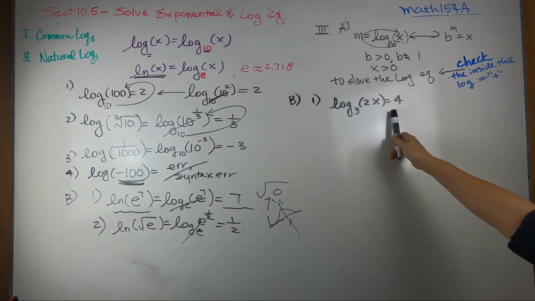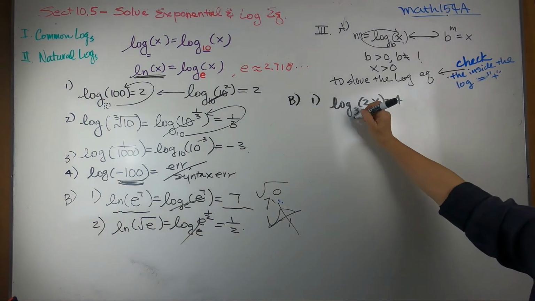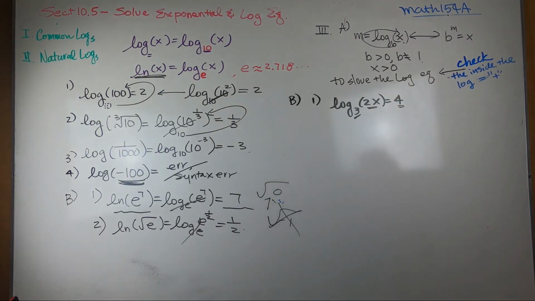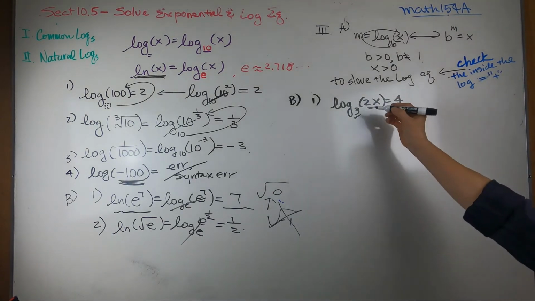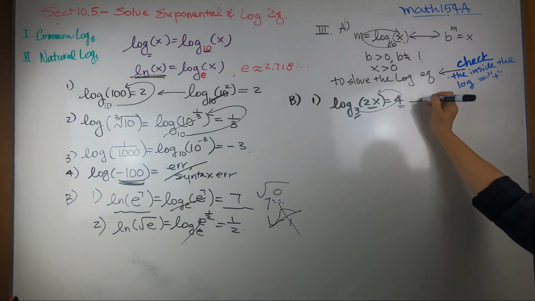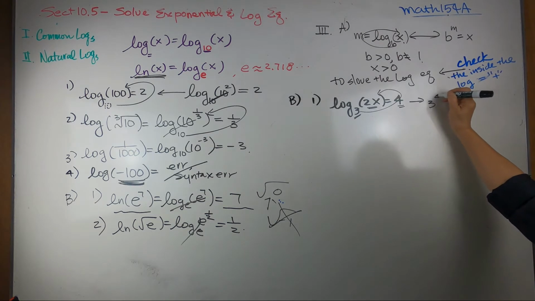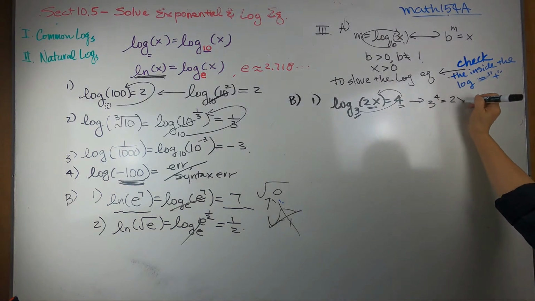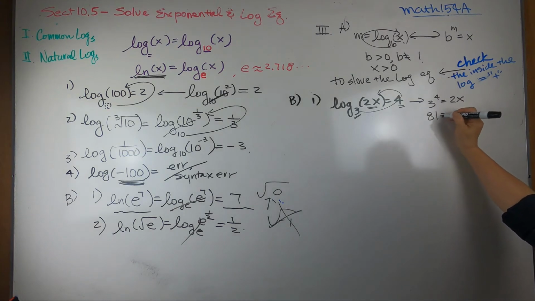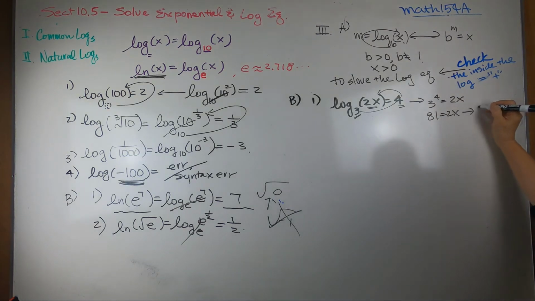It is an equation, right? Then you have 3 places, base, inside, and the value. Then you have to find the value, so you use basic concepts, right? So that means 3 to the 4th power is what? 2x. Then 3 to the 4th power is 81 equals 2x. So your x is what? 40.5.